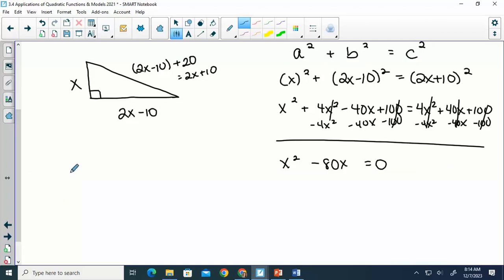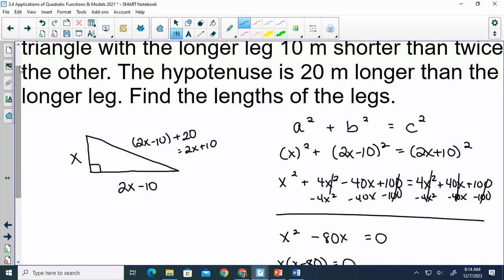Then what would we do? Factor out an x. So x equals 0, we can set each of those equal to 0. So we get 0 and 80. Okay. The question was to find the lengths of the legs.